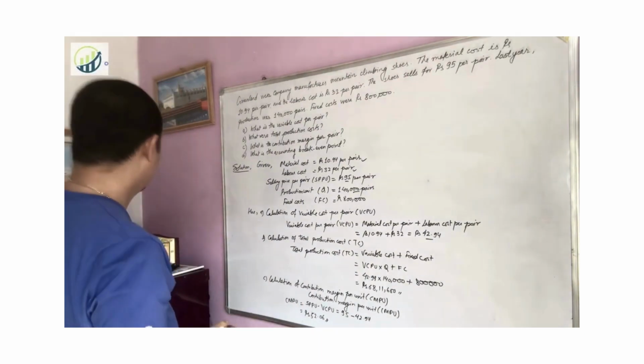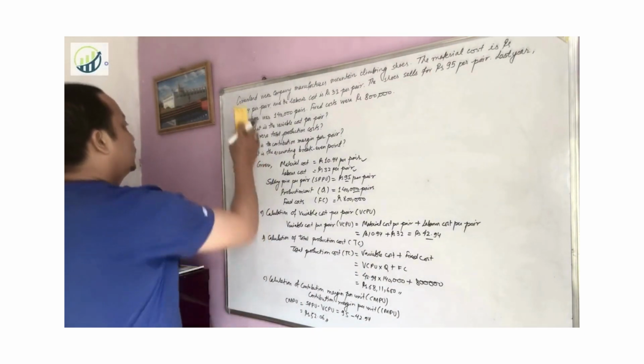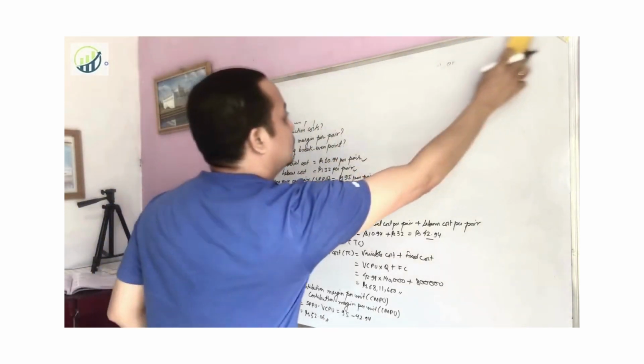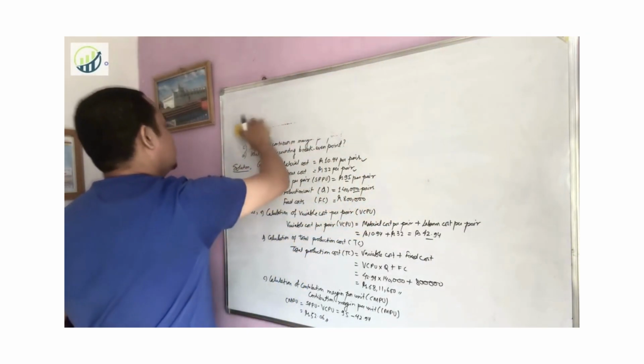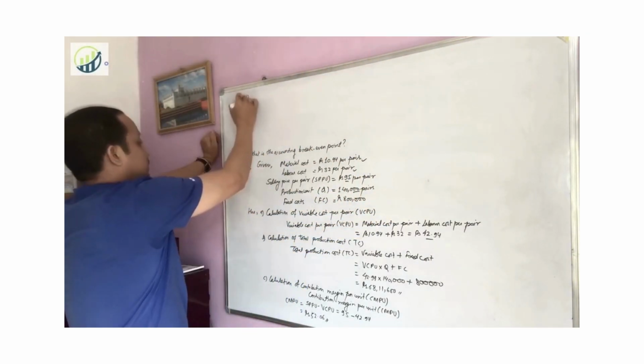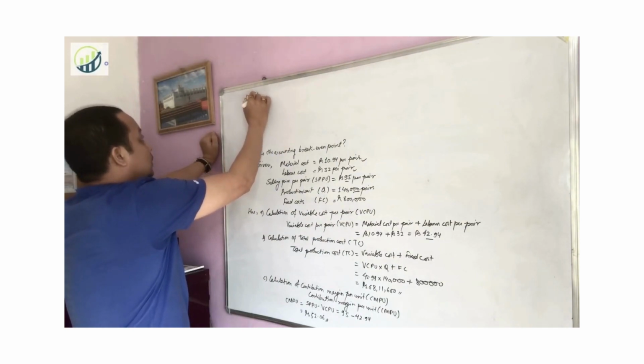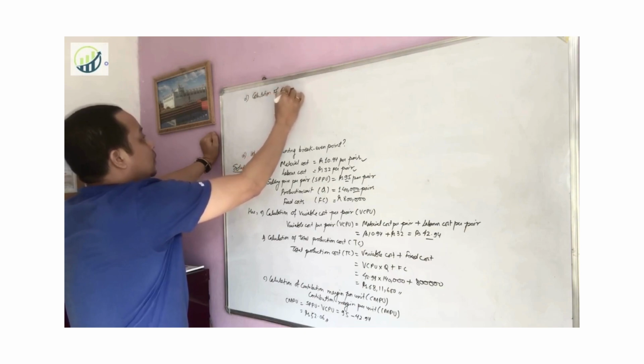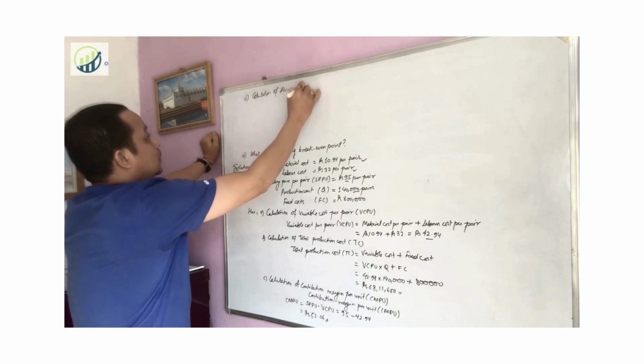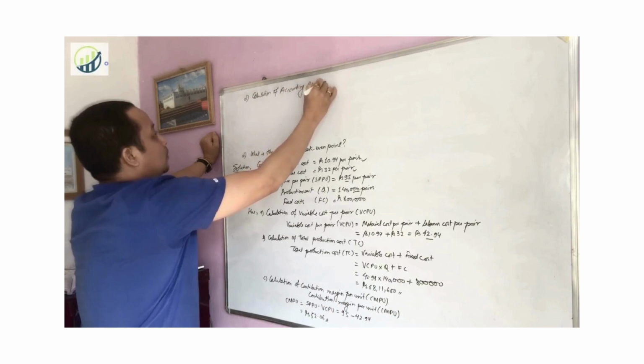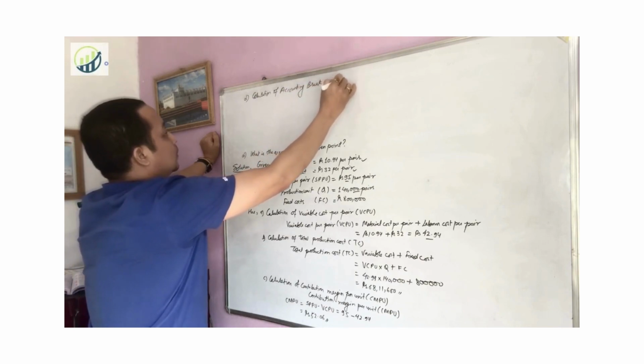Now the last one you have to find is the accounting break-even point. The calculation of accounting break-even point.